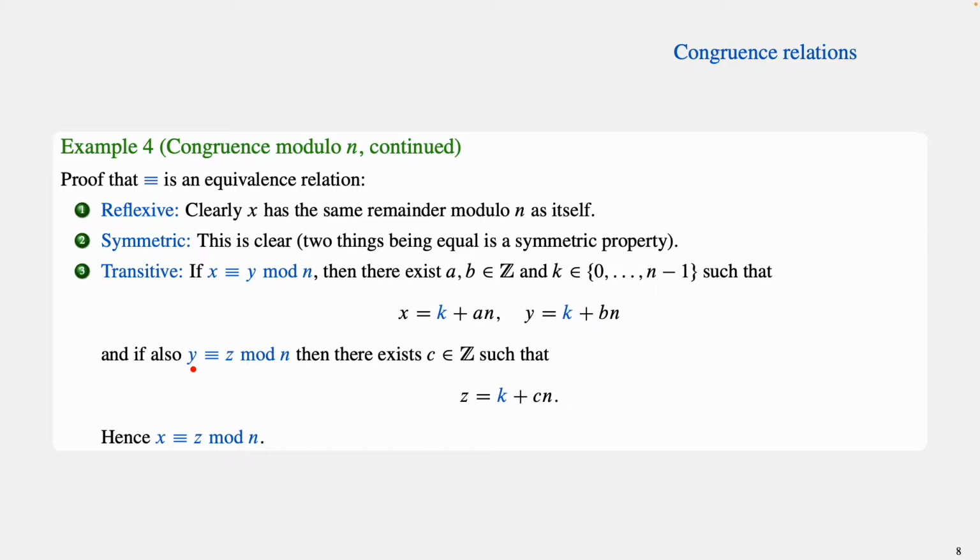And now if also y is congruent to z mod n holds, then this means there exists some other integer c such that z equals k plus cn, because y has remainder k, and if it's congruent to z, then z must have the same remainder on division by n. But k was also the remainder of x modulo n, so altogether this means that x is congruent to z modulo n if we assume that x is congruent to y and y is congruent to z modulo n, and this exactly means that the relation is transitive.